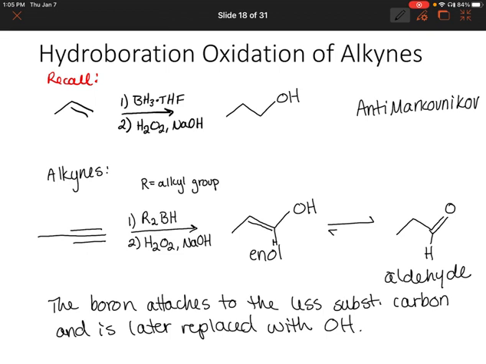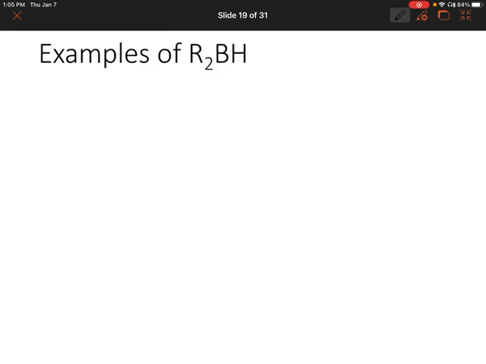Okay, so let's look at what that original reagent looks like, the R2BH. Let's look at some specific examples of that. So there are a couple of different ones we can use here. There's one molecule where boron is attached to the following, and this is called dicyamylborane.